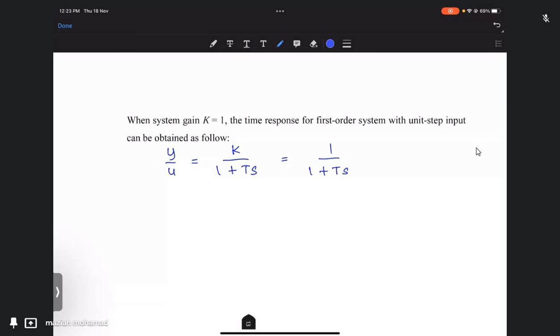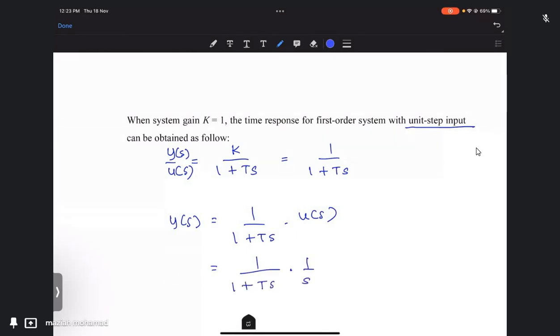Then Y(s) will equal 1 over 1 plus Ts multiplied with U(s), because the transfer function is already in Laplace s. We apply a unit step input, therefore we have 1 over 1 plus Ts multiplied with 1 over s.